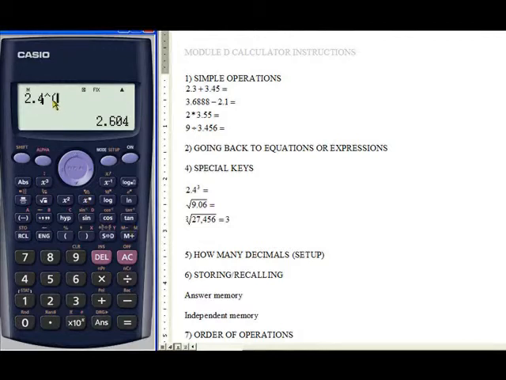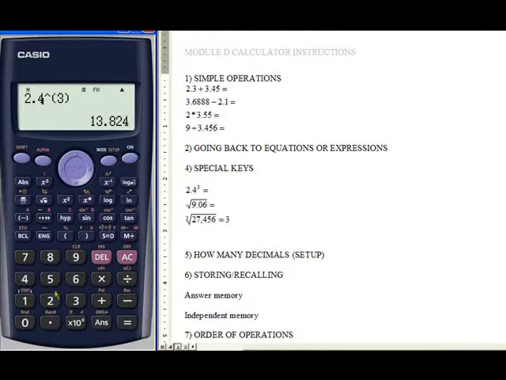And for example, here I'm going to take the cube, 3, and close the parentheses, and it gave you 13.824.